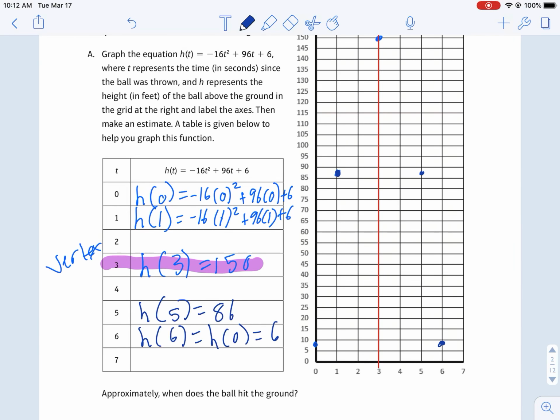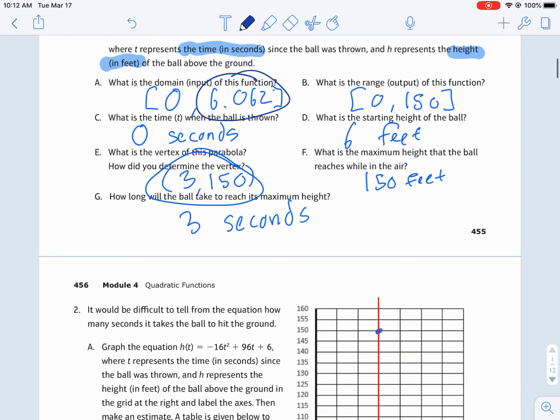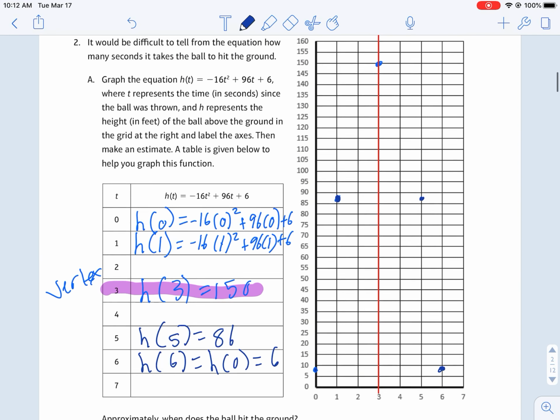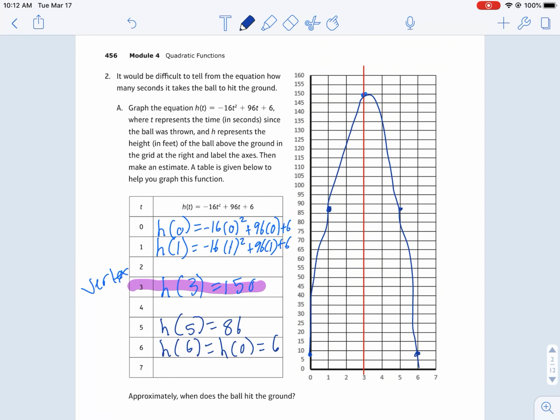Okay. We're not going to go to 7 seconds because if you recall our domain only goes up to 6.062 seconds, so it doesn't make sense to talk about anything after that. Okay, and we are going to graph it as best as we can. My parabola is not perfect, but as long as it's going through all the points and we know that it's a parabola, that's good enough.